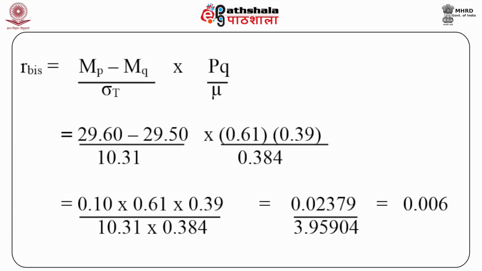Substituting values, we get 29.60 minus 29.50 divided by 10.31, multiplied by 0.61 into 0.39 divided by 0.384, which is equal to 0.10 multiplied by 0.61 multiplied by 0.39 divided by 10.31 multiplied by 0.384, which is equal to 0.02379 divided by 3.95904, which is equal to 0.006. Thus, the item to total correlation for this item is 0.006.